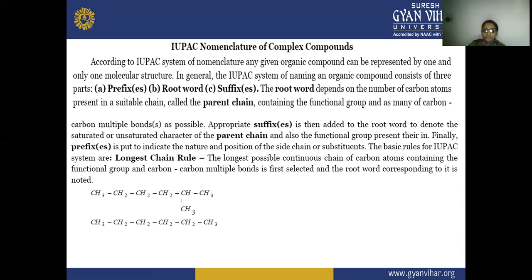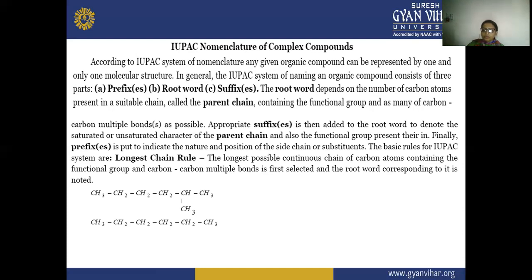The root word depends upon the number of carbon atoms present in a continuous chain. That continuous chain is called the parent chain, and it contains the functional group and as many carbon multiple bonds as possible.